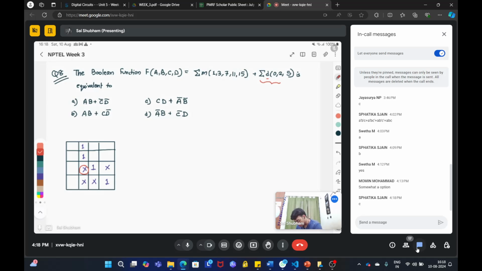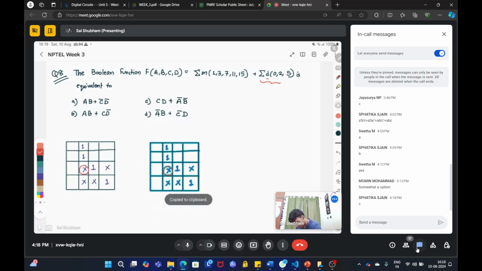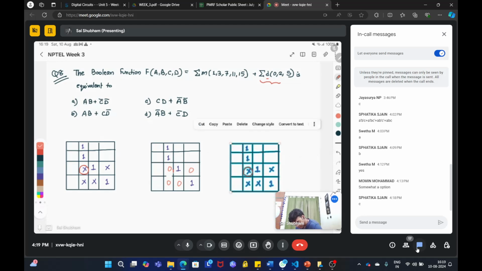For example, suppose in the don't care position, I assume that it is 0. And in another condition, I assume that the don't care is 1.